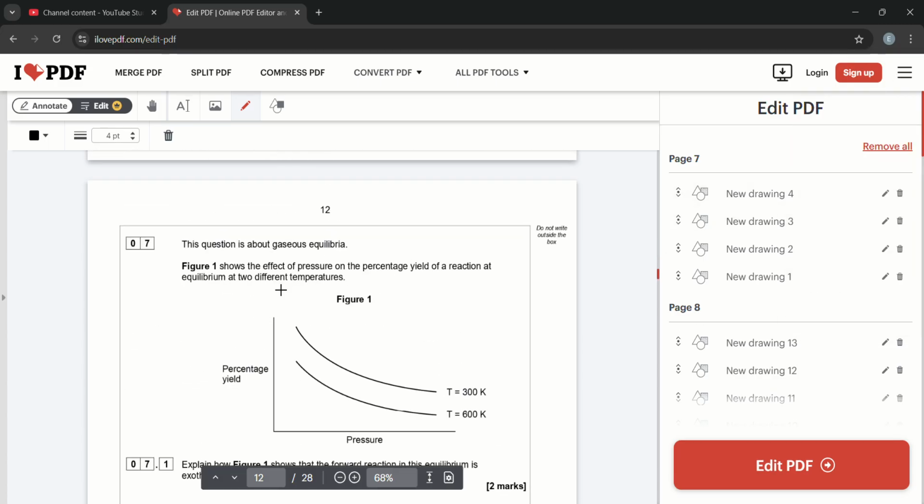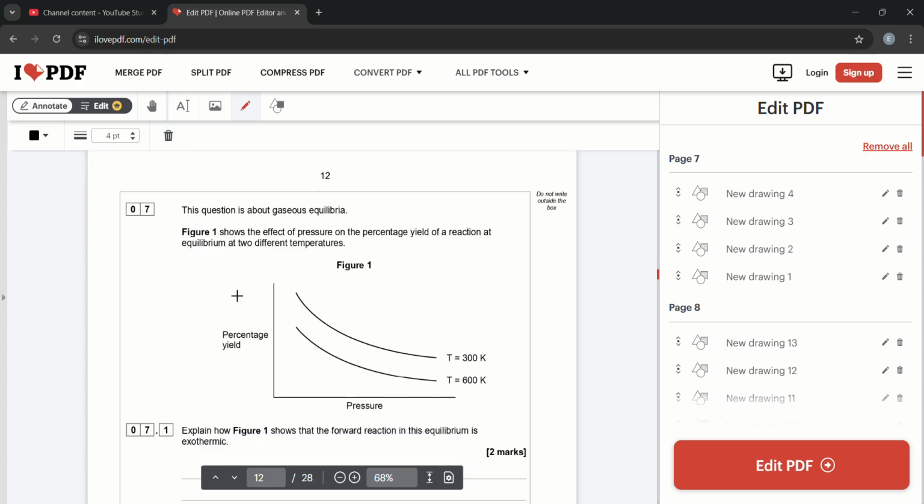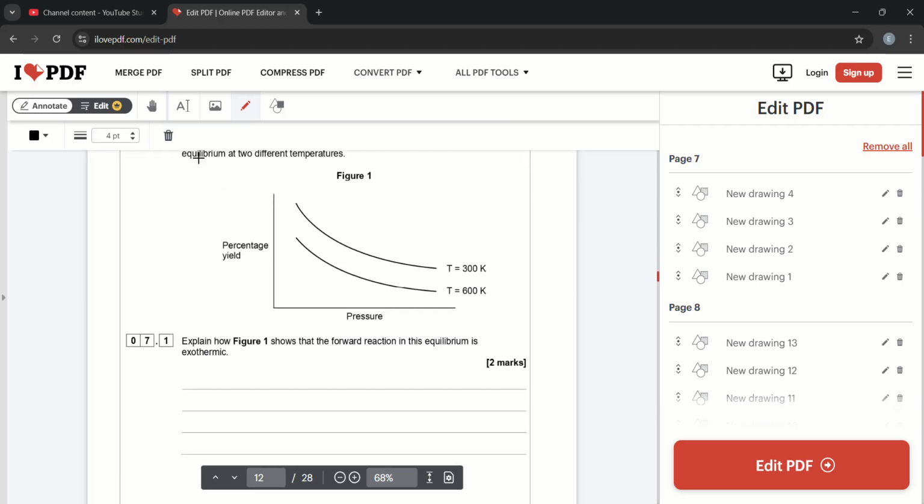Question 7 is questions about gaseous equilibria. Explain how figure 1 shows that the forward reaction is exothermic. If the forward reaction is exothermic, increasing the temperature will shift the equilibrium in the endothermic direction to reduce the temperature.